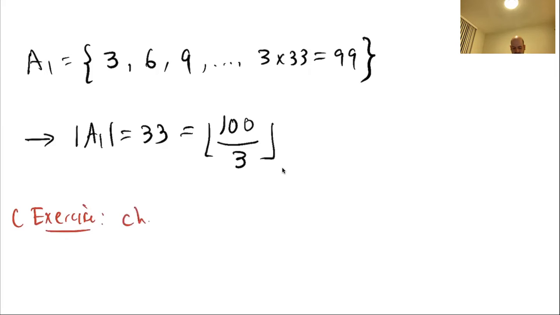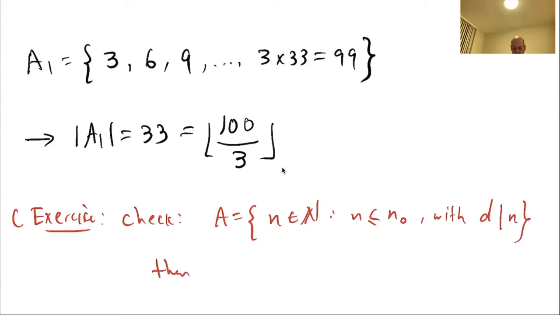Check that, let's say you have a set A, which is the set of all positive integers that are less than or equal to some number, let's say n0, with d divides n.